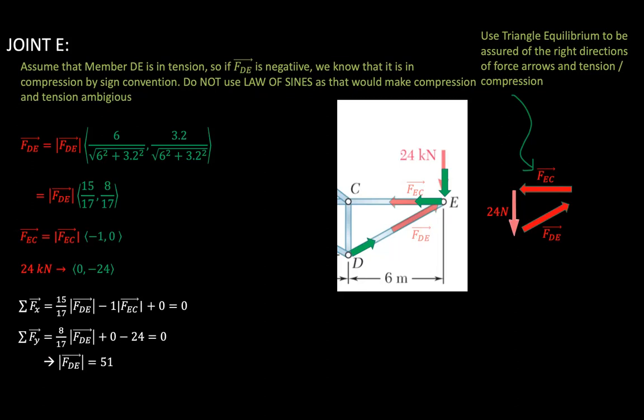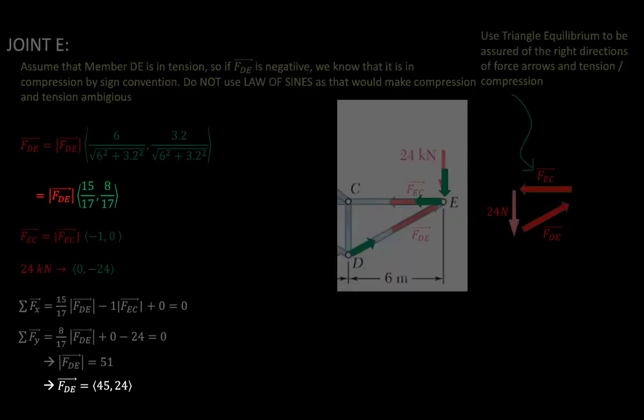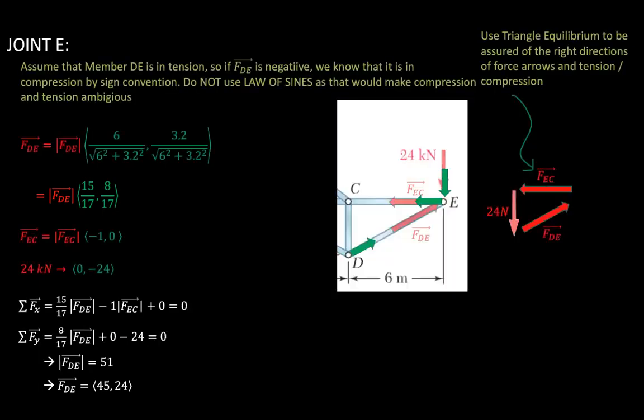That gives us that the magnitude of FDE is equal to 51 kilonewtons. And that FDE as a vector is equal to (45, 24) because of this equation over here.